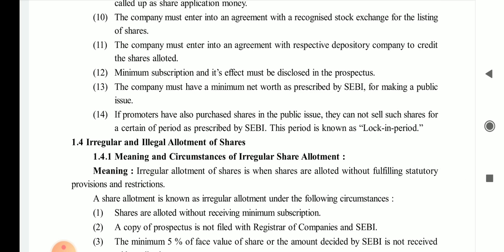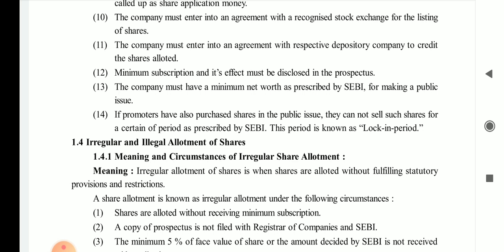Minimum subscription and its effect must be disclosed in the prospectus. See, while preparing the prospectus, they have to mention what the price is, what the minimum subscription should be, and if your company fails to collect the minimum subscription, what effect will arise. They have to mention that in the prospectus.